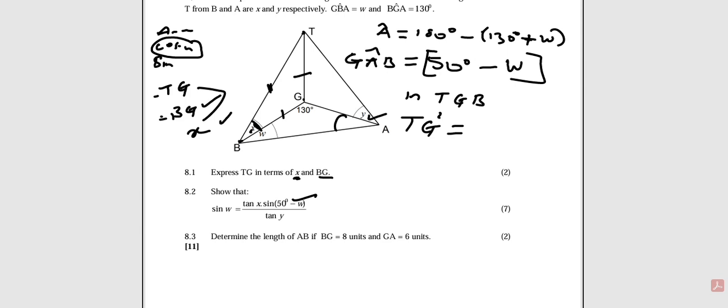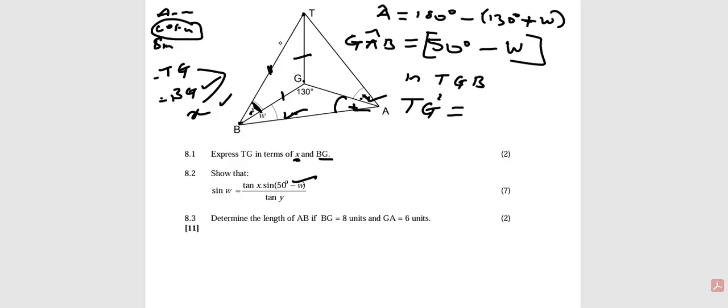So here I think you're going to do something. You also have sine y or sine w, which is this one here. So if you can check this angle, which is this and this and that, they told us to show that the sine w equals the tan x sine in that way, which we are going to express.